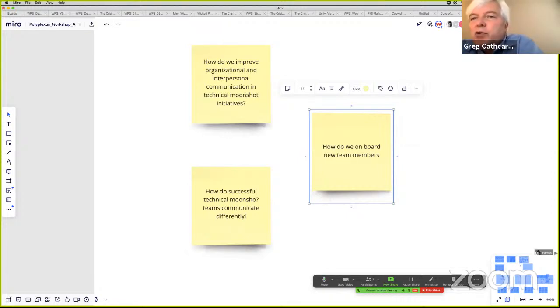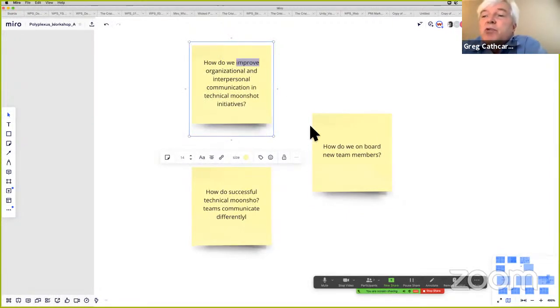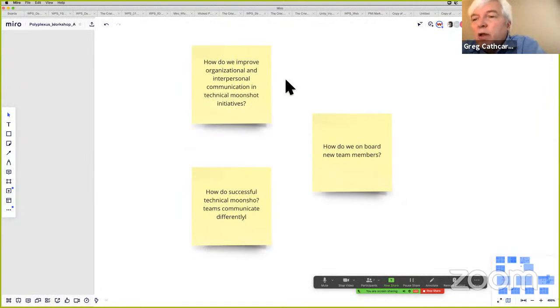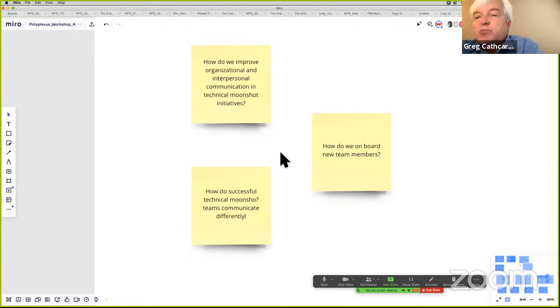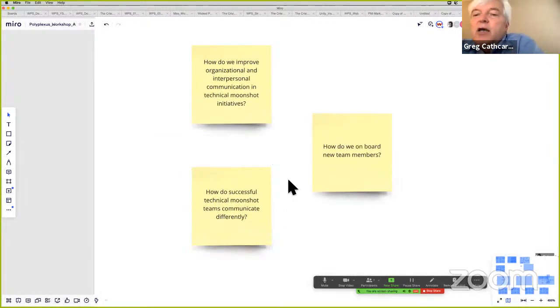So, how do we improve organizational and interpersonal communication in technical moonshot initiatives? The second question: how do we more effectively onboard new team members so that they understand these principles? And thirdly, what's different about the communication that occurs organizationally and interpersonally in successful moonshot initiatives?